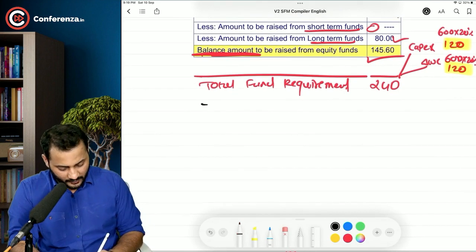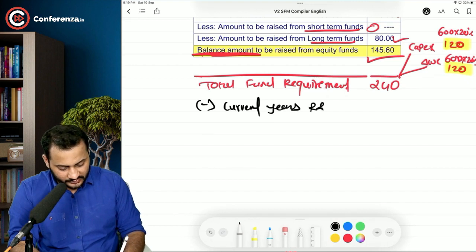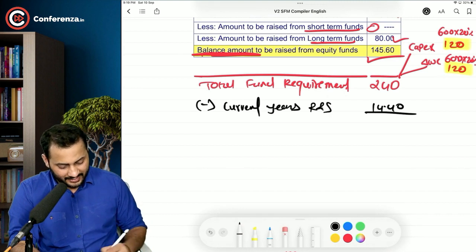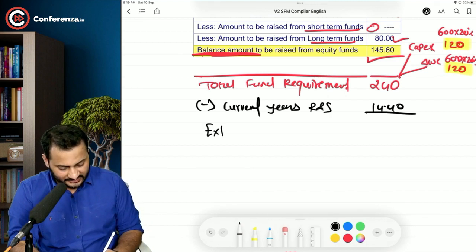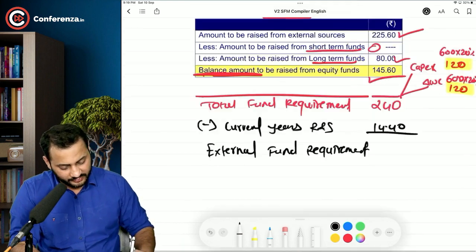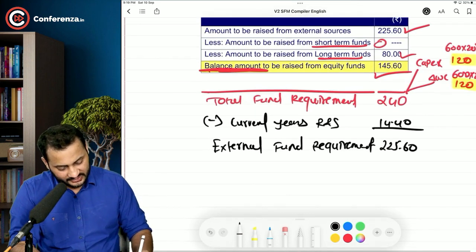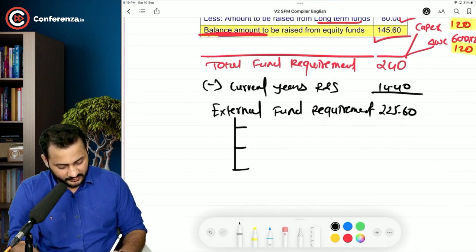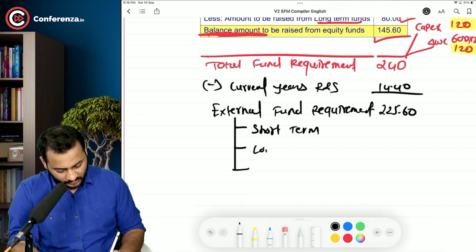Out of the 240, current year's reserves and surplus was 14.40. Now the balance amount will be called as external fund requirement, because now we have to go outside the company to fund this, which comes to 225.60, and this has funded through 3 different means: short term loan, long term loan, and equity.